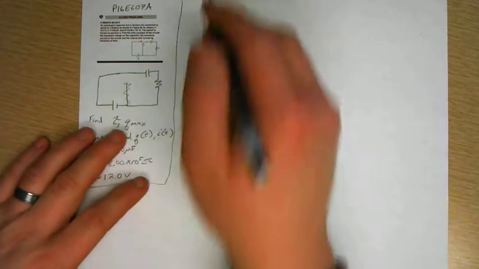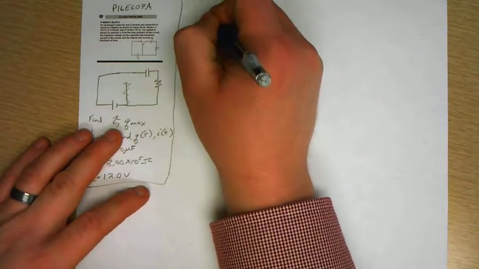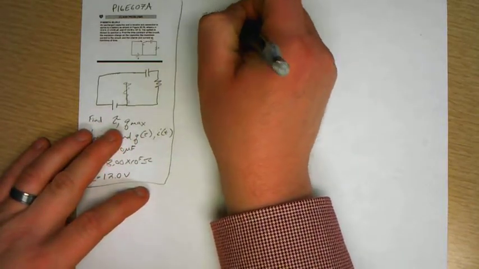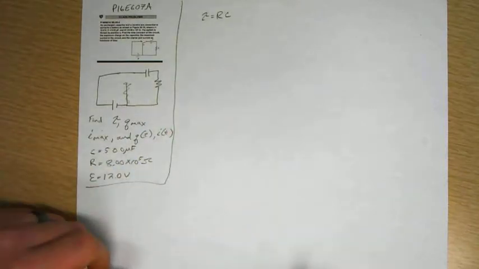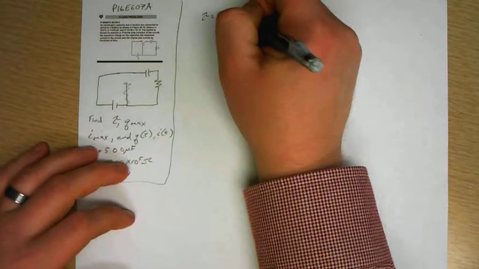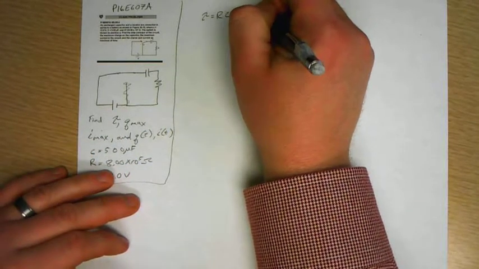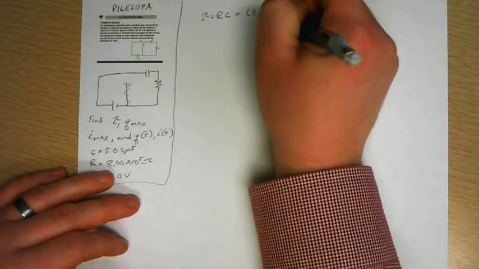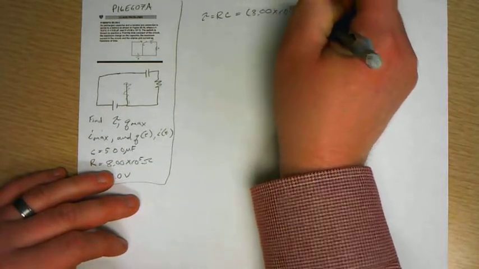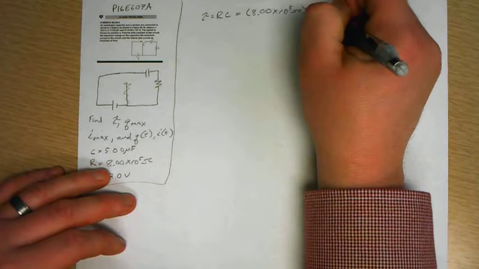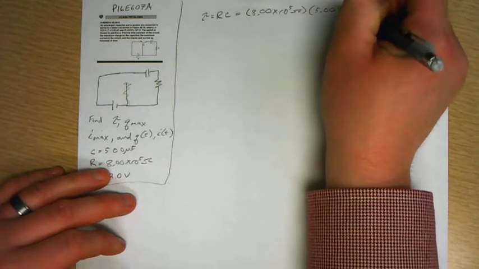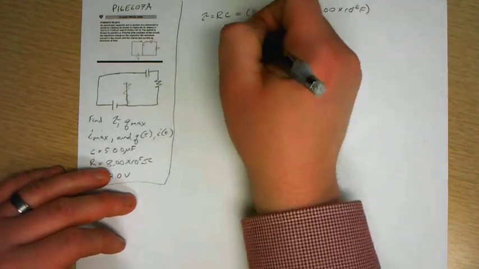So the first question asks us to find the time constant tau. Well, that's just a matter of multiplying these two things together. So 8.00 times 10 to the 5th ohms times 5.00 times 10 to the negative 6th farads.